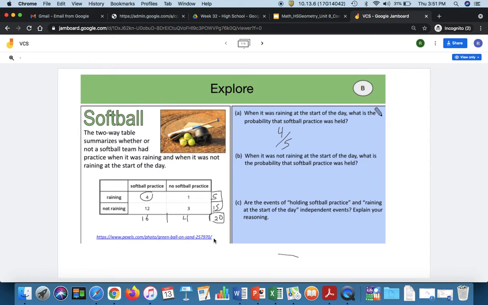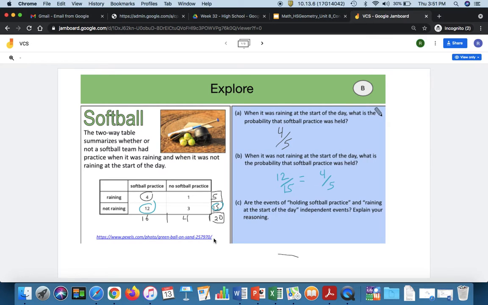Taking a look at when it was not raining, and I'm going to do this in blue so we can differentiate it, softball practice was held 12 times out of the total 15 times. We could divide top and bottom by 3, and we would get 4/5.